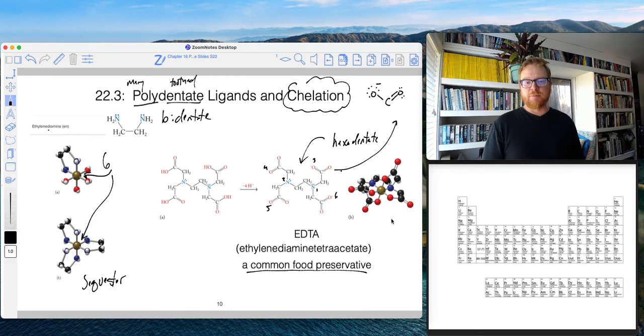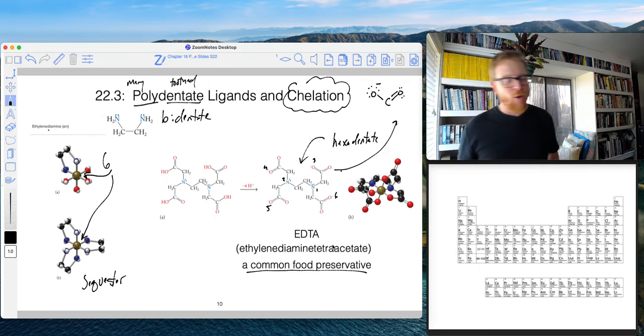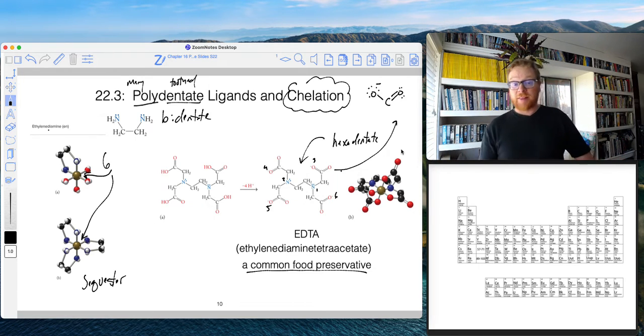So this is one of these modern miracles, better living through chemistry. If we put a little bit of this food preservative, EDTA, it sequesters the metal, or in other words, it chelates the metal. I know I'm giving you like a whole bunch of different words that all mean the same thing. But this is in principle the chelate effect.